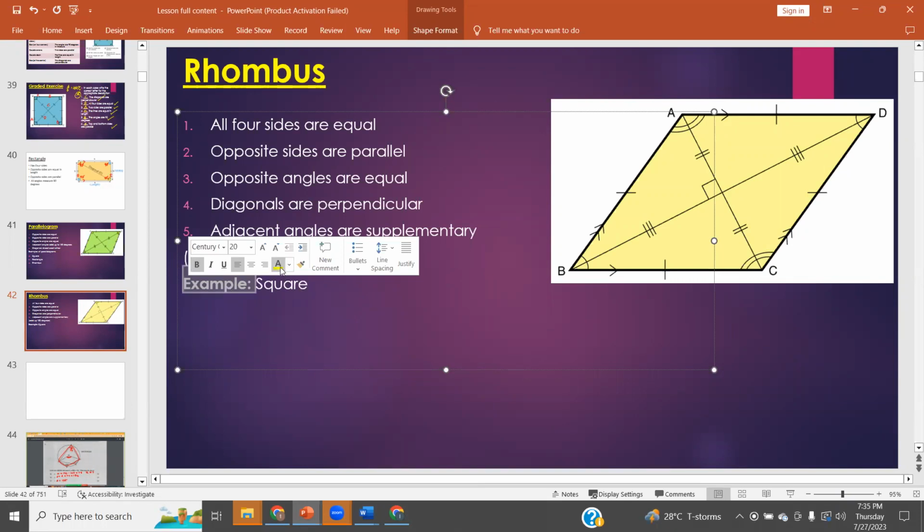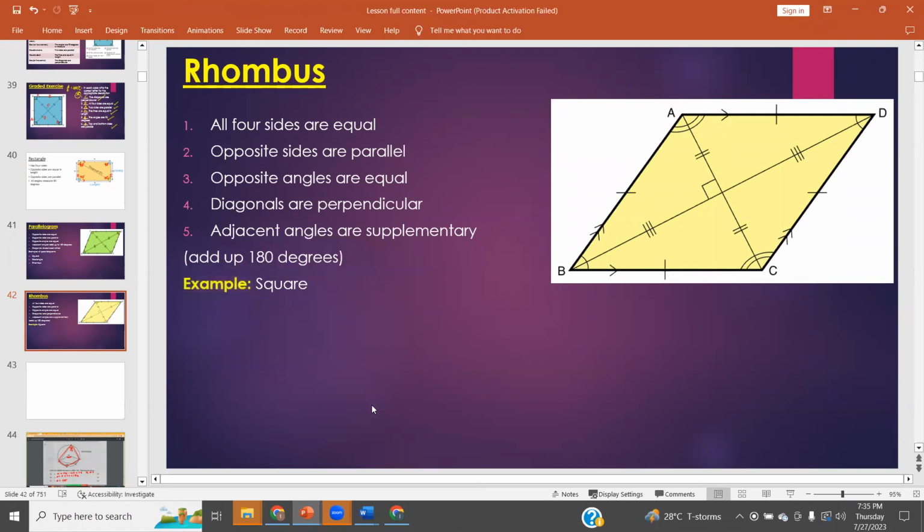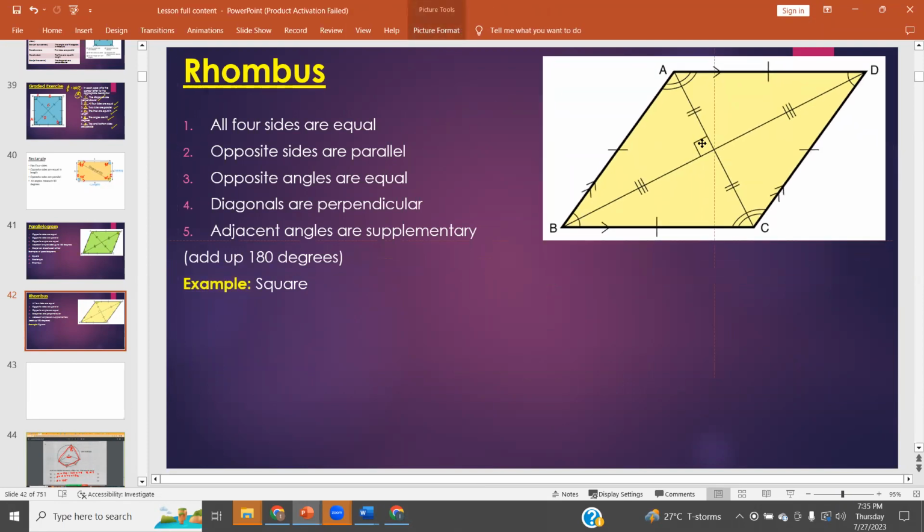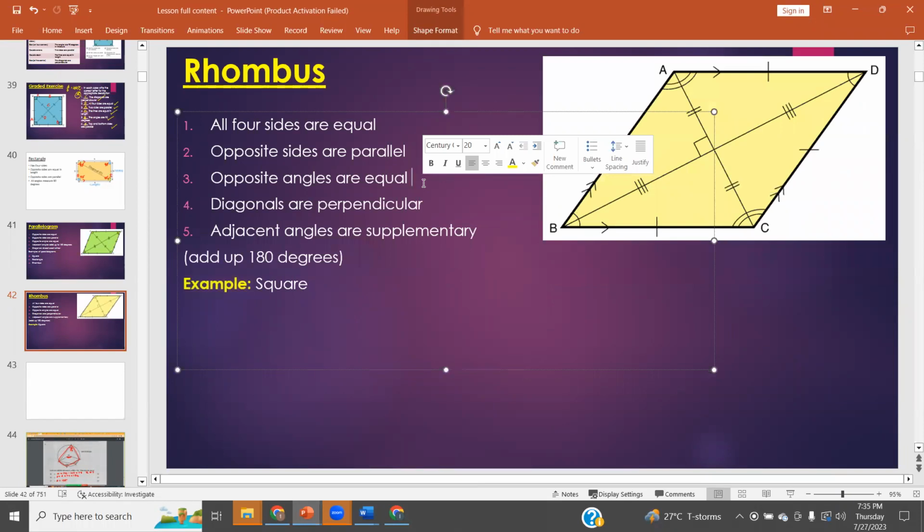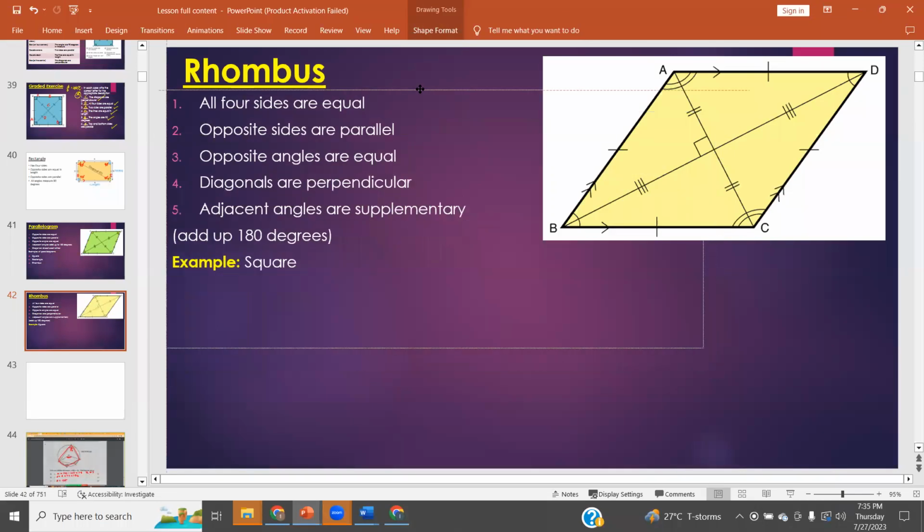The diagonals are also perpendicular to each other because they form a right angle. So a square could be a parallelogram and a square could be a rhombus as well. That's kind of fascinating. Good news for the square. That's why square is king, right?